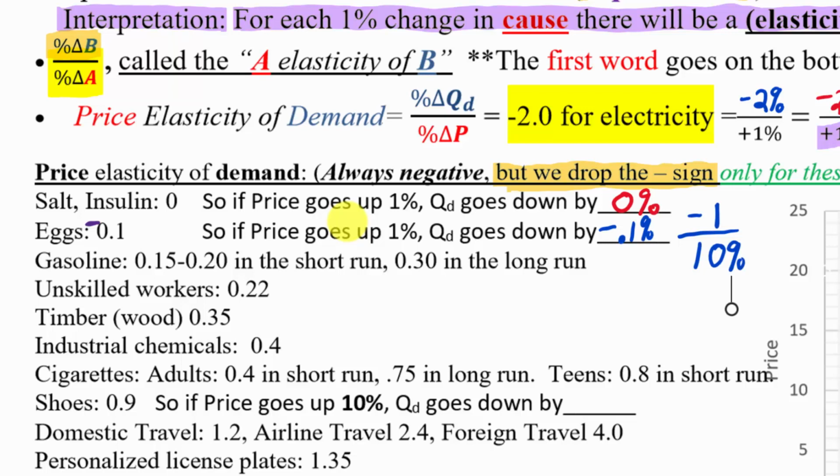But do you know what those egg substitutes, like egg beaters and things like that, are made of? They're made of eggs. They just take eggs and they take some of the fat or some of the cholesterol out. They're still eggs, but they've just been altered in some way. So they're really eggs, egg substitutes. Eggs, they're not all that expensive, and there aren't maybe a lot of great substitutes, so that's probably for both reasons why that's pretty inelastic.